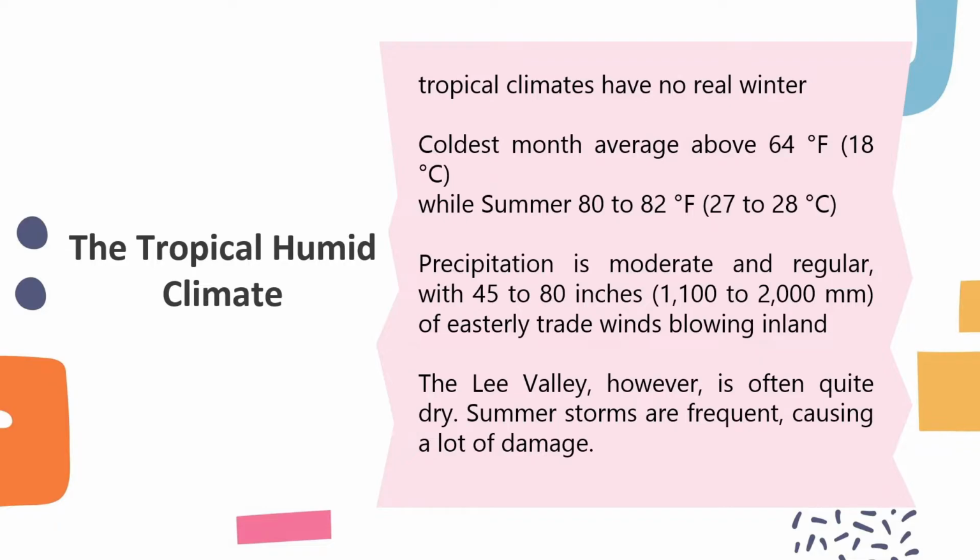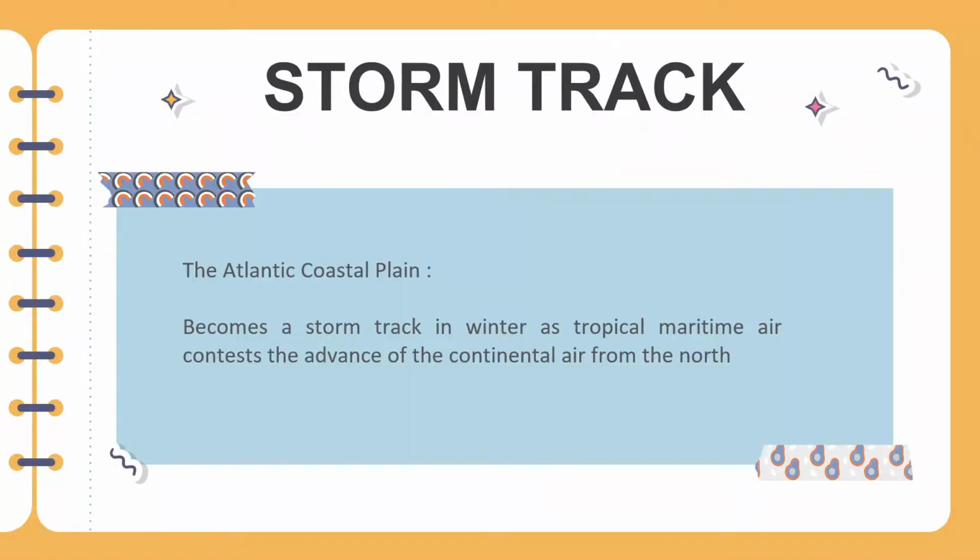The mean annual temperature range is lower than the usual daily range, a characteristic which is markedly different from most of North America. Rainfall is ample and regular, with 45 to 80 inches, where the easterly trade winds blow onshore. The valleys, however, often are quite dry. Summer hurricanes frequently occur, causing much damage.